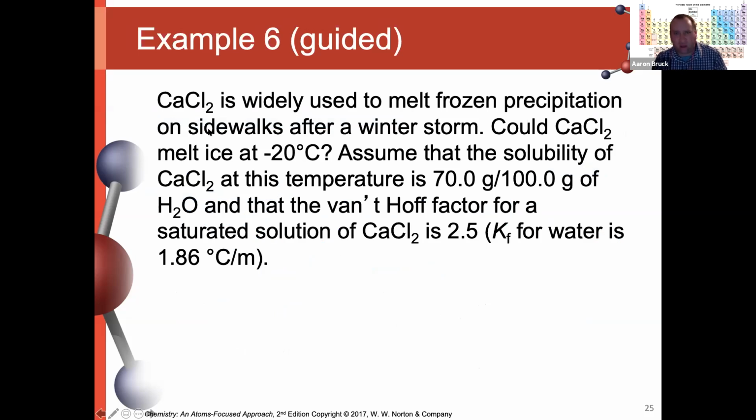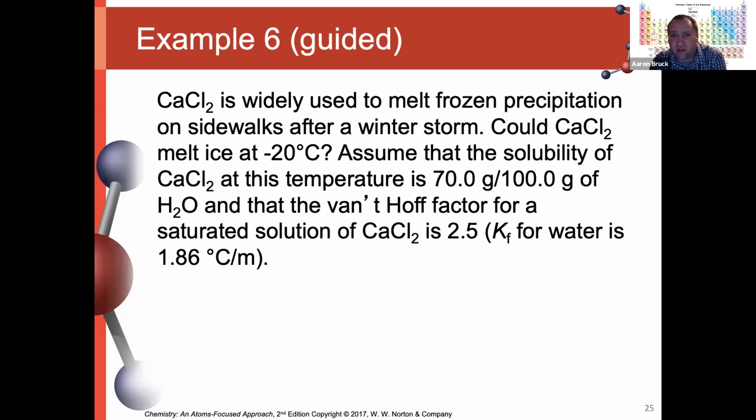Calcium chloride is one of the primary components of road salt, especially municipal road salts, what they spread out on the roads in the winter months to keep them from freezing. Question is, could calcium chloride melt ice at negative 20 degrees Celsius? Couple of assumptions here.